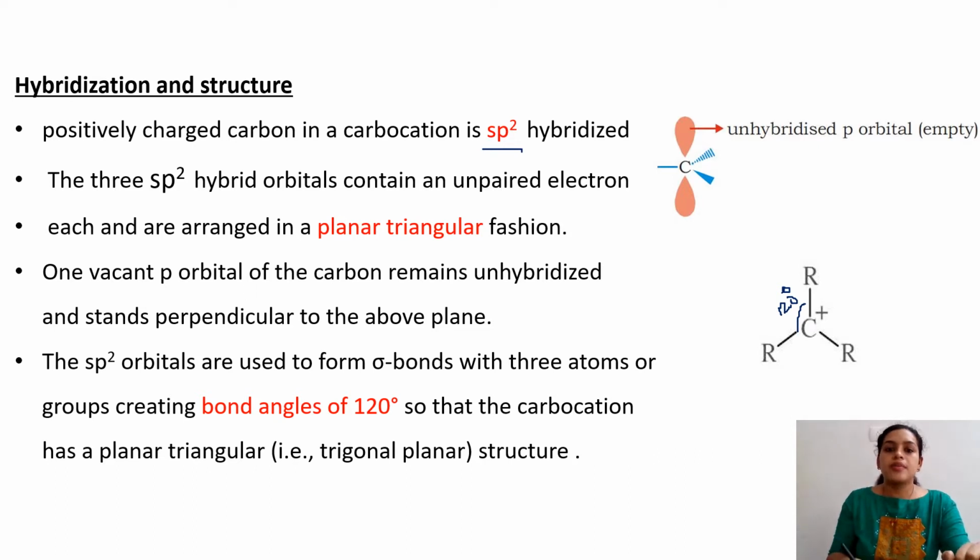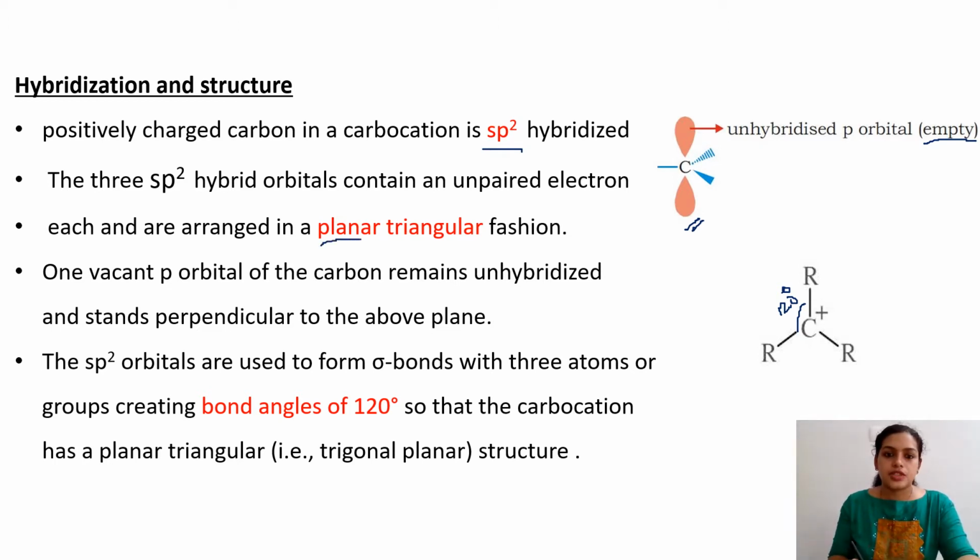In the case of sp2, there will be an unhybridized pz orbital, shown in pink color. One thing to be noted is that this p orbital is vacant. The unhybridized pz orbital is vacant, there is no electron. Normally, in the case of sp2 hybridization of carbon, there will be one single electron residing on the unhybridized pz orbital, but in the case of carbocation, that is vacant.